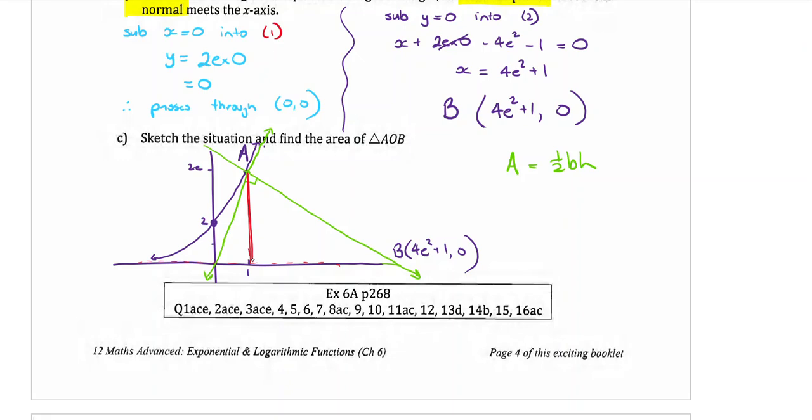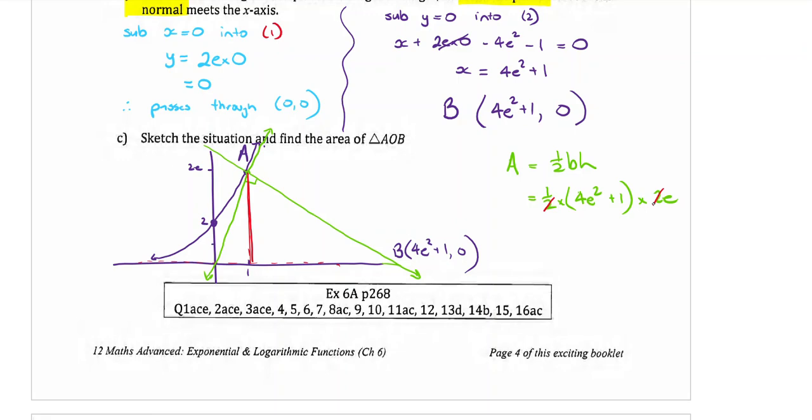Okay, so it is half times my base, which is 4e squared plus 1, times the height, which is 2e. Okay, now that 2 can cancel that 2.